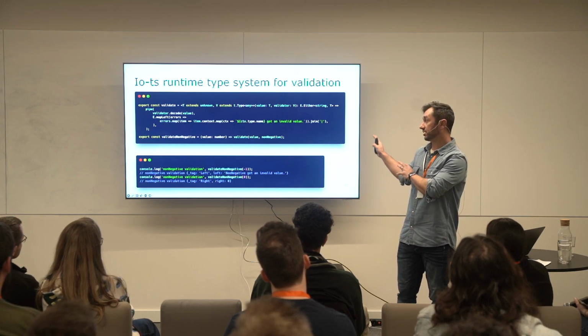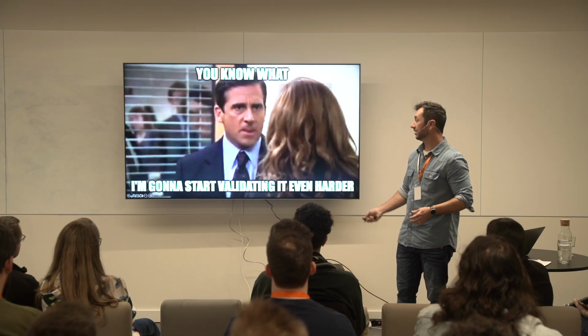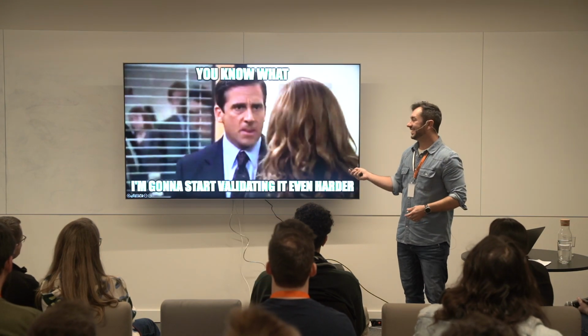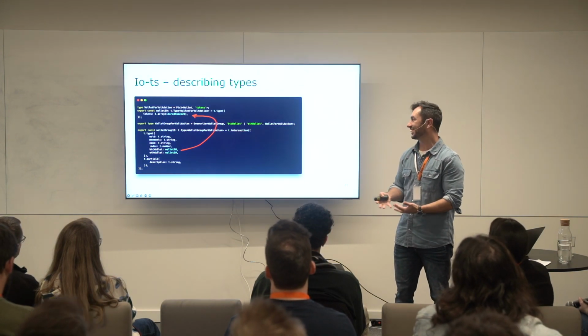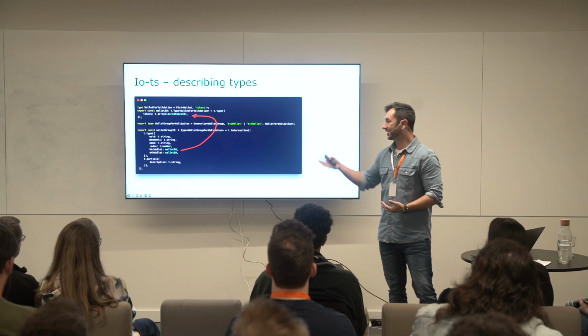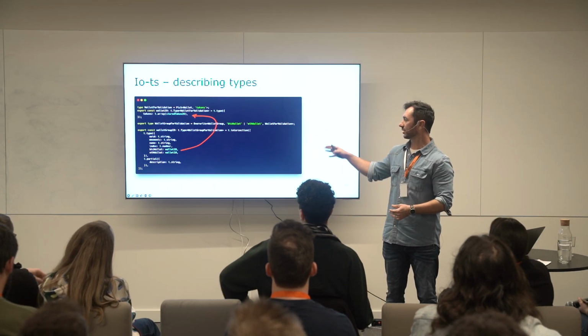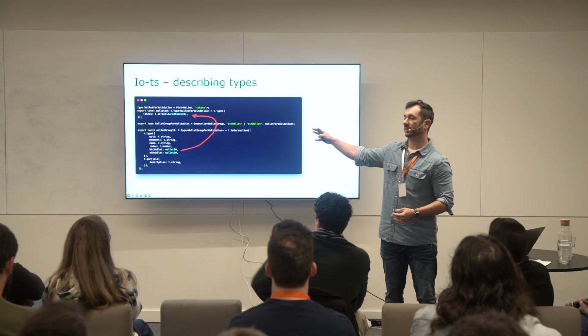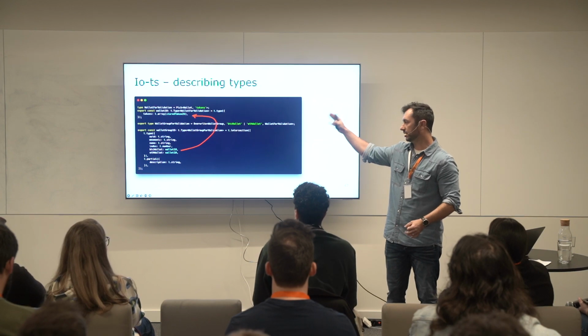So again, it sounds like a lot of complication for just validating a number. But the thing is, we wanted to validate complex objects, right? So this is, again, code from a real project that we're working on. We have a crypto wallet, and have all those fields like string and number.